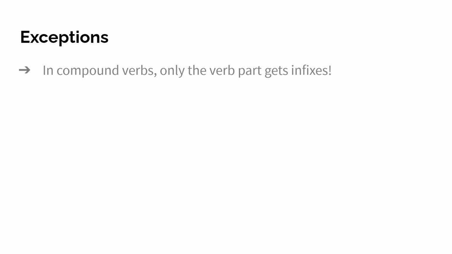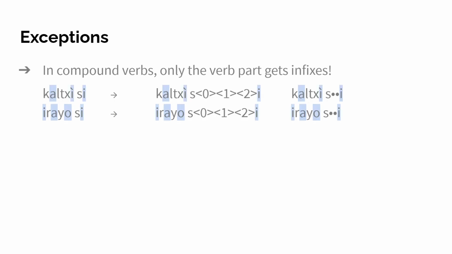There are some exceptions. They are predictable, kind of, but still need to be learned in some way. And the exception basically always is based on that in compound words, so verbs that are built up from multiple words, only the verb part gets infixes. So what do I mean? For example, kaltesi and iraiosi, so C verbs.